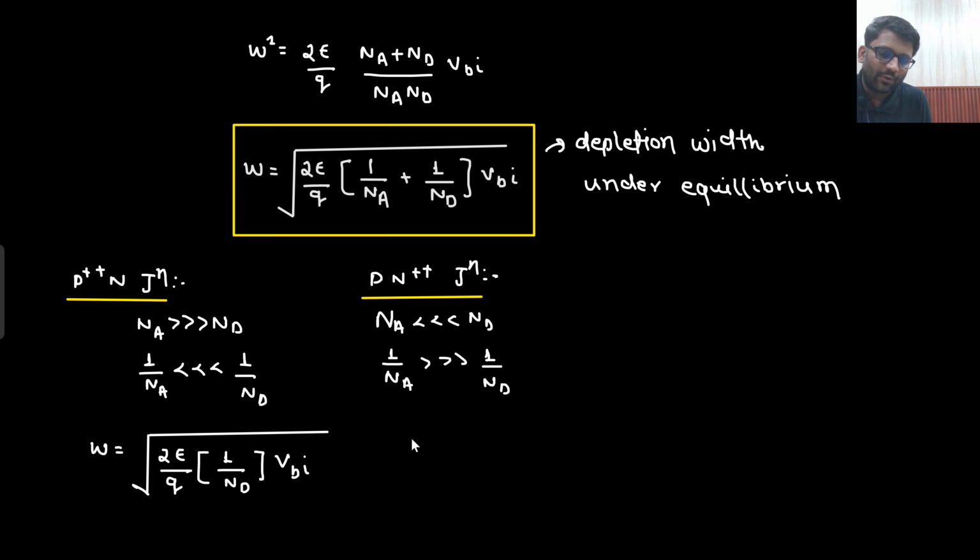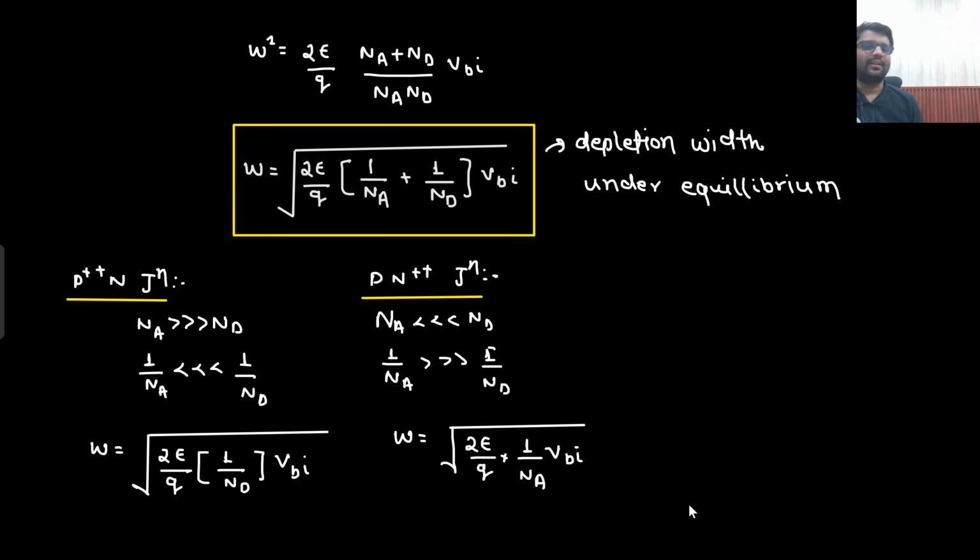Right? So what will be the formula? Eventually the formula will be under root 2 epsilon by q, 1 upon Na into v built in. So this is the depletion width formula.